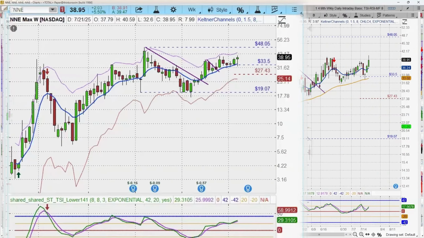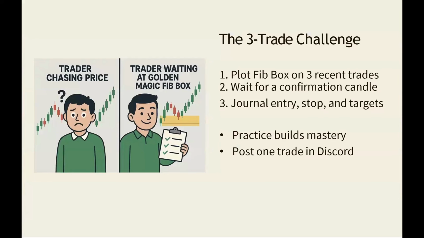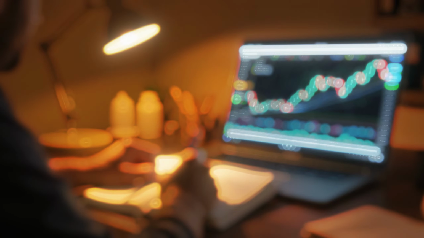So cool. I encourage you to do a 3-trade challenge or a 3-day challenge. Go in and find an entity, and then plot a magic fib box on 3 recent moves, 3 recent highs to lows, and then look for the confirmation candle. Count the clues that you see, and then do a journal entry.